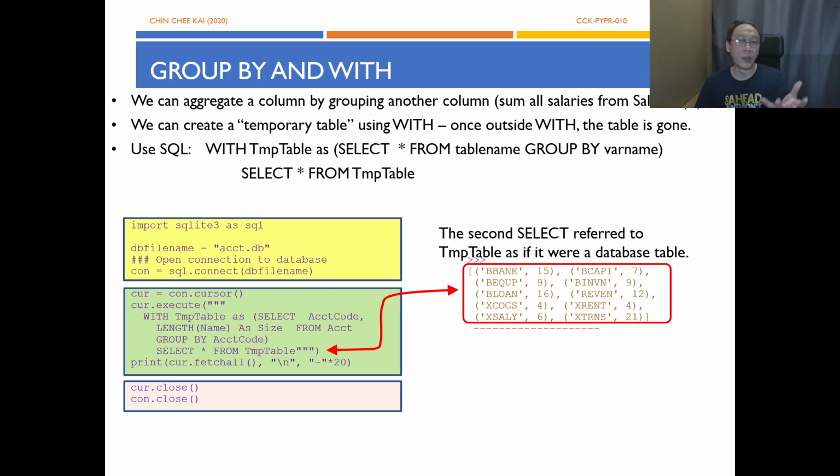So if that's the case, then the with comes in as a very, very convenient tool for us to name them and name that table and then reference that table. So with that said, what we do is we will use the usual 3-block template to access SQL, and then put in the with temp table, select account code and the length of name.